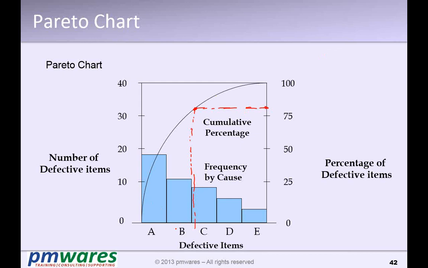Okay, that means for 80% of the problems, the reason is A and B. So if you remove these two causes, A and B, you will get rid of 80% of your problems. This is a cumulative graph. So this point, this plus this is this point. This plus this is this point.